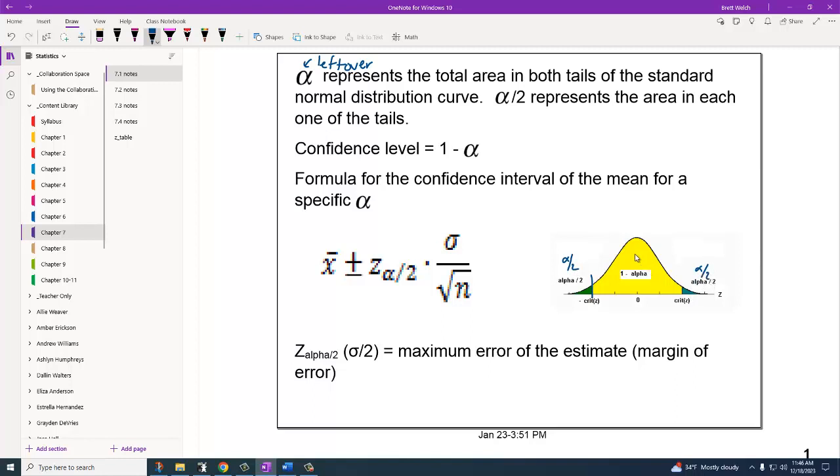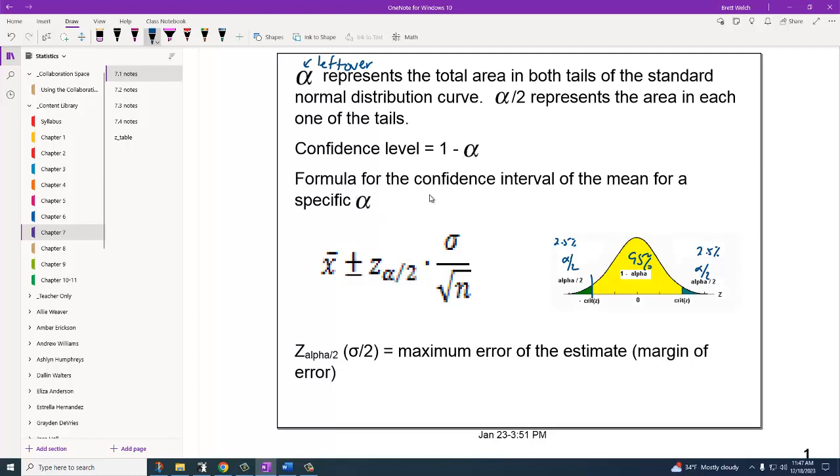If it was 95% in the middle, I'm 95% confident that the mean's in there. I'd have a 2.5% chance that it's above my interval, and a 2.5% chance that it's below my interval. The confidence level is always 1 minus alpha. That's why, if the confidence level is 95, alpha would be 5.